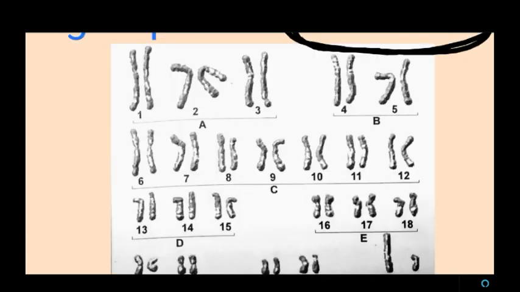The first 3 homologous pairs are kept under group A, and all the chromosomes in group A are longer than the others.